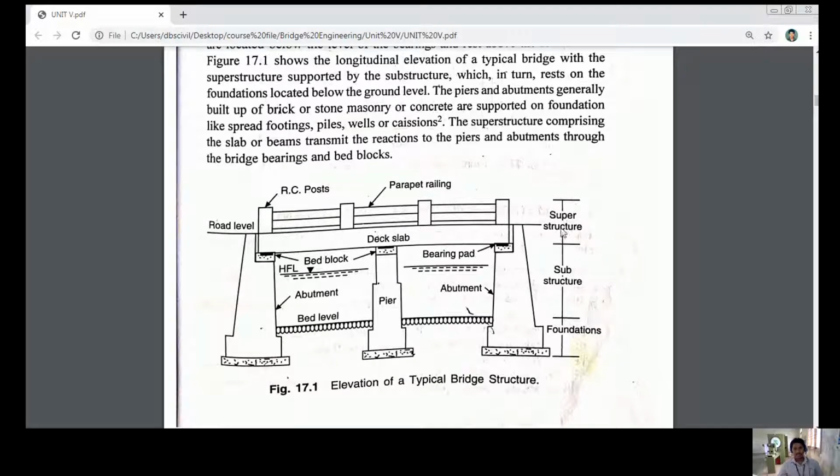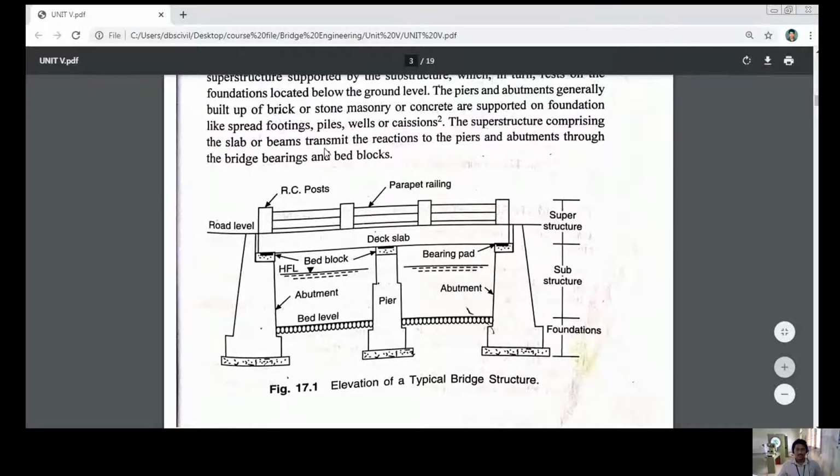What are the things that lie under the foundations? In foundation, we could find the bed blocks. These are known as bed blocks.